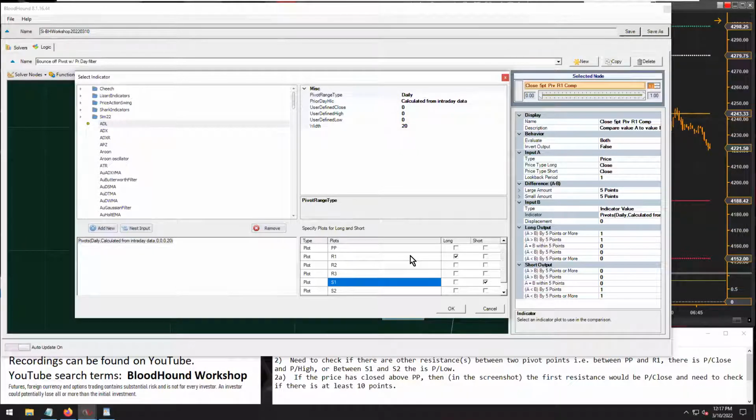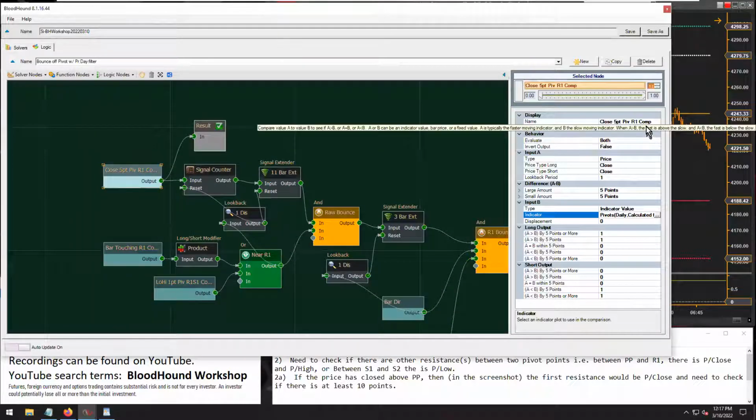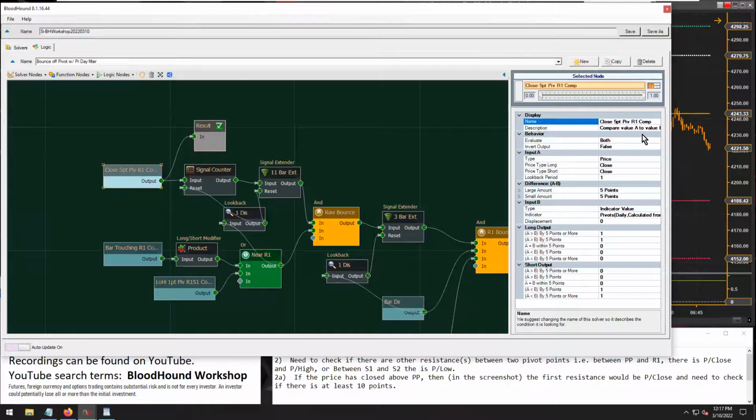So this one solver is looking for 5 points of separation above R1 or below S1. I kind of messed myself up because I didn't put S1 in the name. So again, this helps illustrate naming your solvers correctly. Provides a lot of benefit there. So this solver already has a dual purpose here.